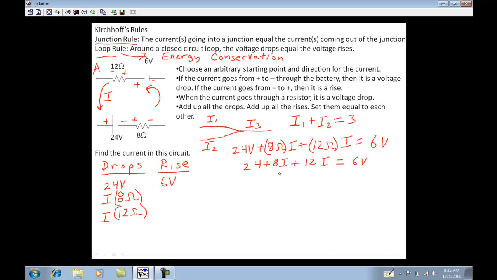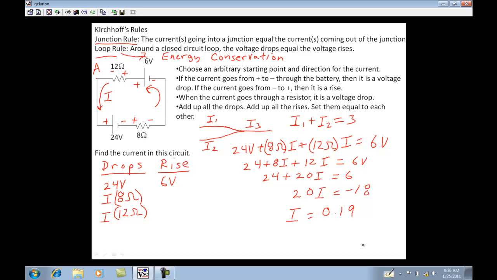So my 8I and my 12I give me how much? Okay, that's 20I is equal to 6. So I'm going to subtract the 24 from both sides. So I get 20I is equal to negative 18. So my current is actually the value negative 0.19.